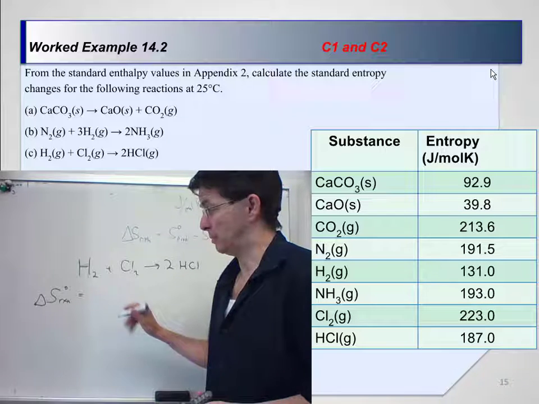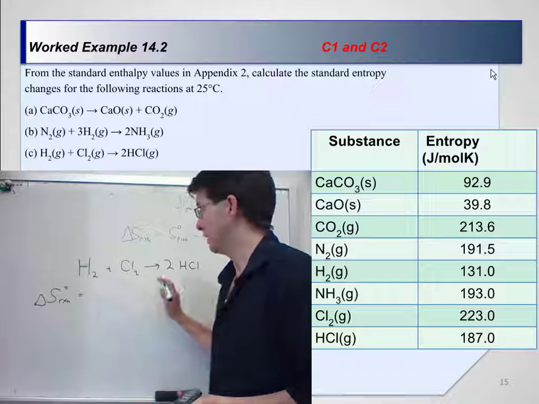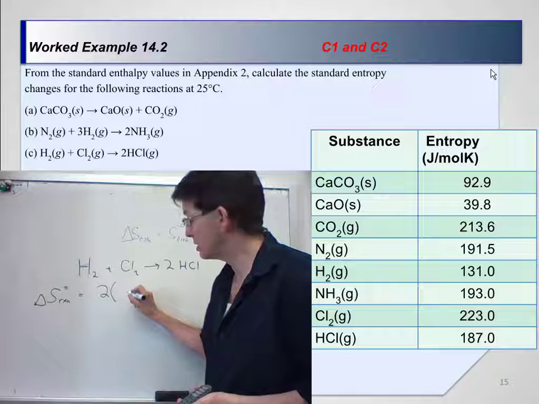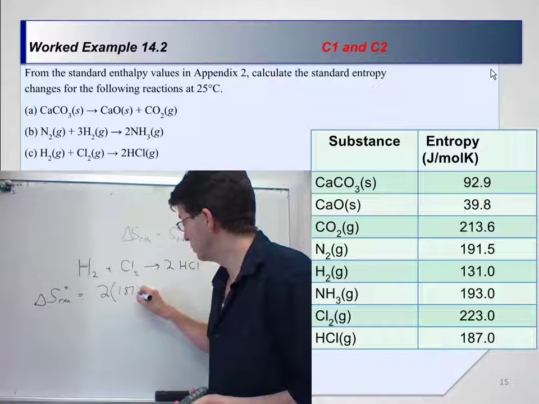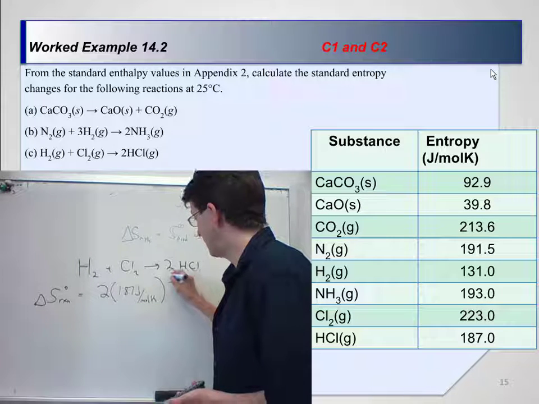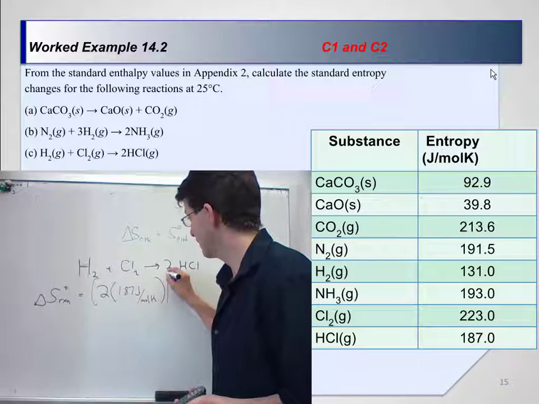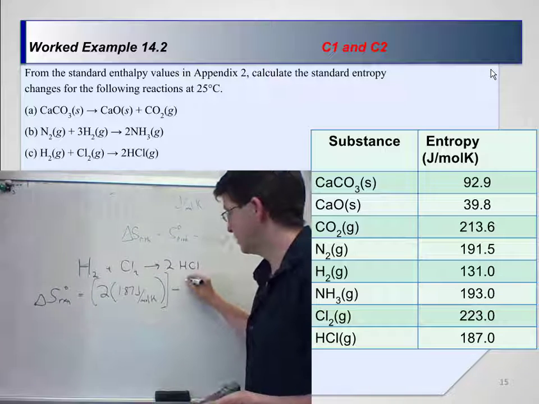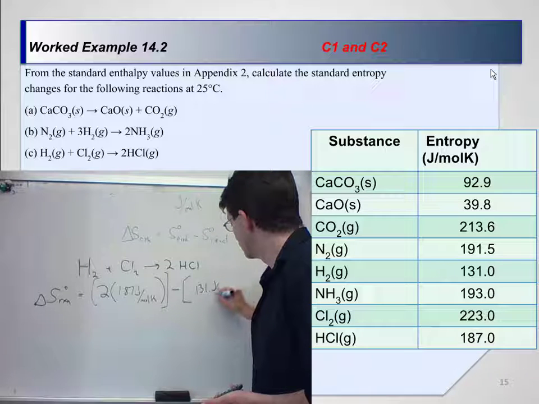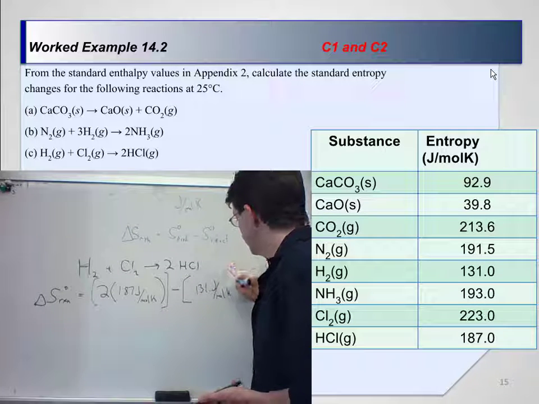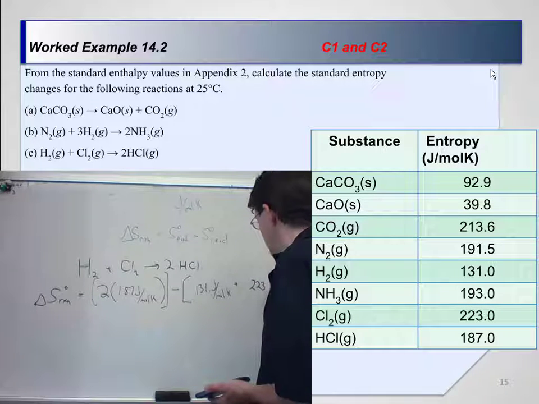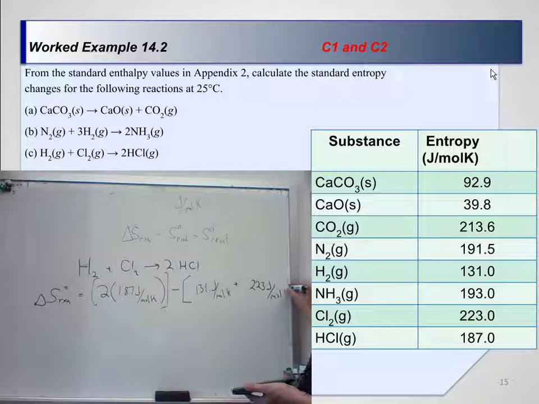We have our table of thermodynamic quantities, and so it's products minus reactants, because there's 2 HCl, 2 times the standard entropy, 187 joules per mole Kelvin for the HCl, minus the hydrogen's contribution, 131 joules per mole Kelvin, and the chlorine's contribution, 223 joules per mole Kelvin.